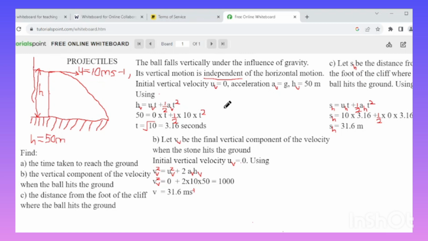But recollect that we have said that if the ball is moving in air, we should use h instead of s. h just stands for the height, instead of s, which is ordinarily known to be the horizontal distance. We will use h, which is the vertical distance.